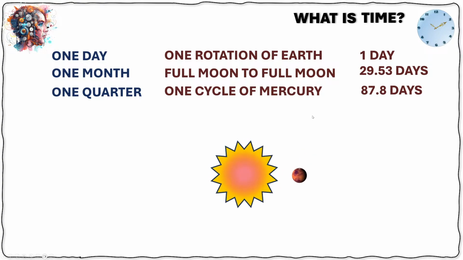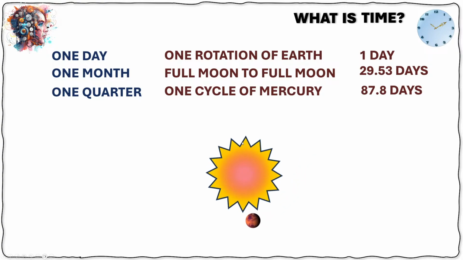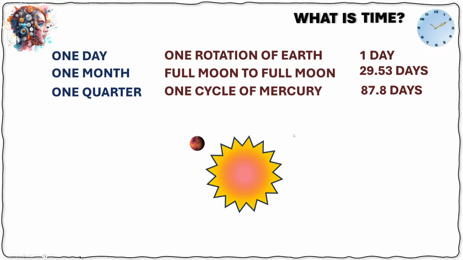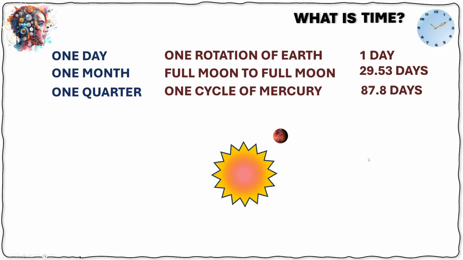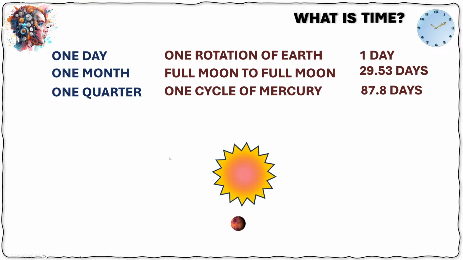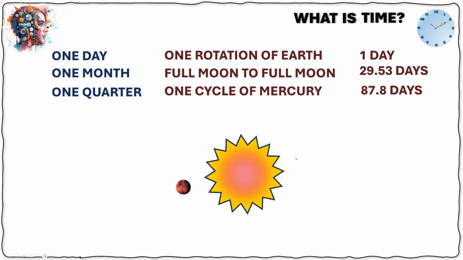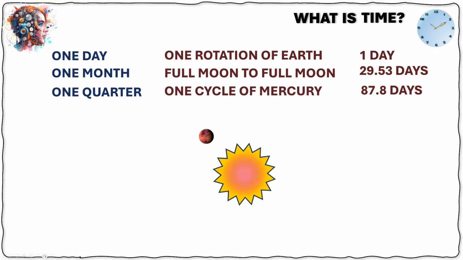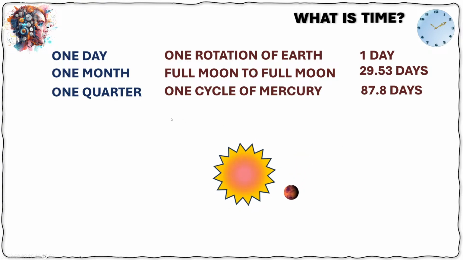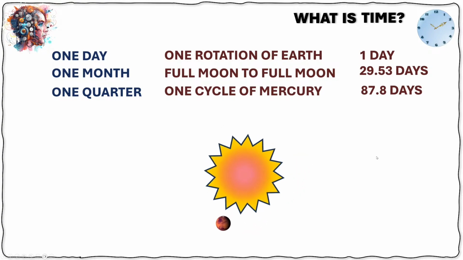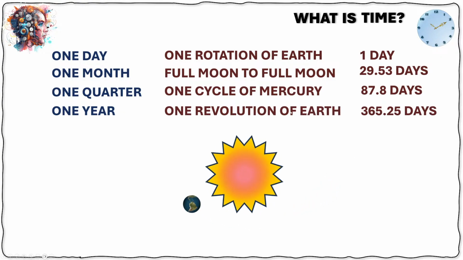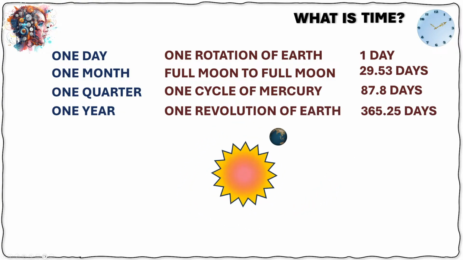While the Earth makes one circle round the sun, Mercury will make four circles around the sun. Now, seen from the Earth, it is a little different, but we will only concentrate on how the cycles are defined from the point of view of the sun. All right. And then finally we have 1 year, which is one revolution of the Earth around the sun.